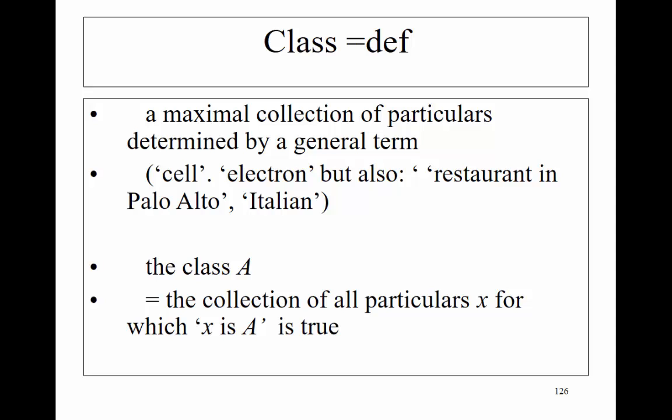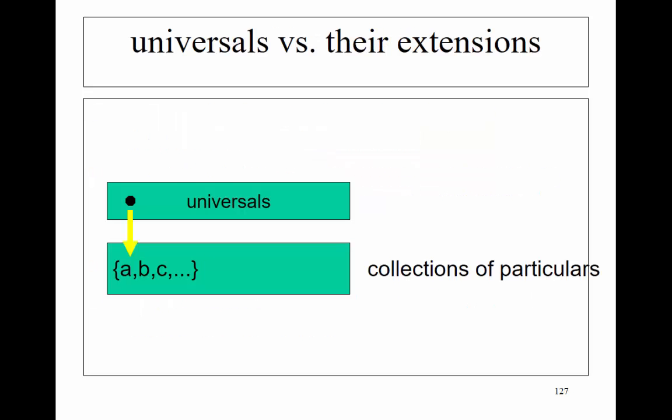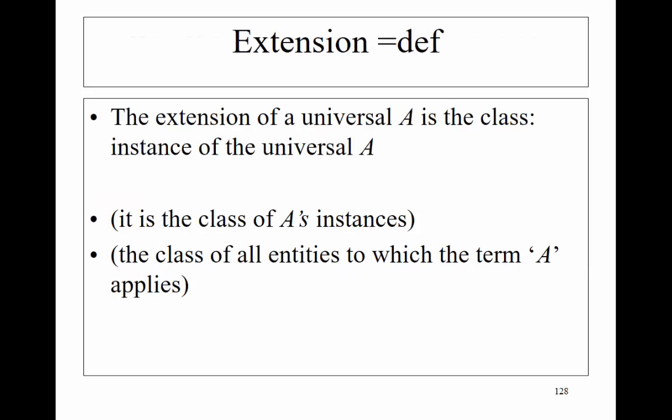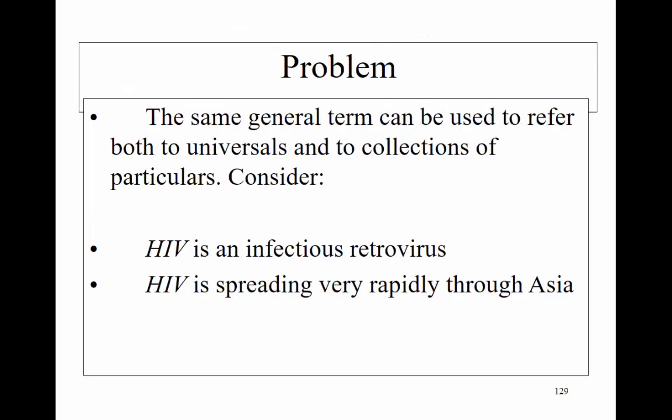So there is the class of Ford-Pintos, there is the class of Homo sapiens, there is the class of people with hypertension, and that's just a collection of all instances. So universals have collections as their extensions. And again, we can define what an extension is.